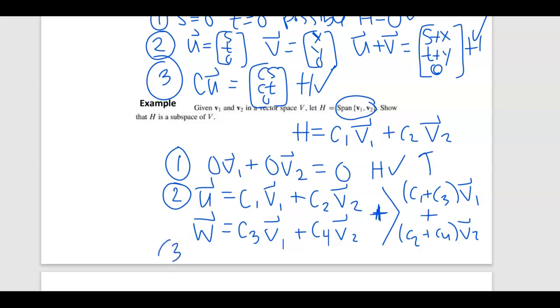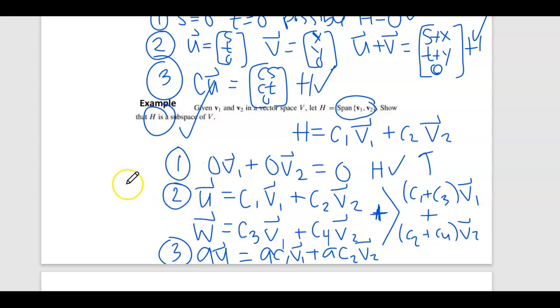And then same thing, if I take some letter, let's say a times u, then a c1 v1 plus a c2 v2 models the same format. So yes, H is a vector space, which is what it says to show. I knew it had to be, but it's just like going through those three properties to make sure that you can verify what a subspace is of a vector space.